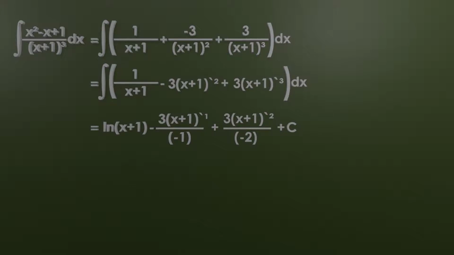By applying the necessary integrations, we arrive at this function. Now we have the solution to the integral, which is ln|x plus 1| plus 3 over (x plus 1) minus 3 over 2 times (x plus 1) squared plus C.